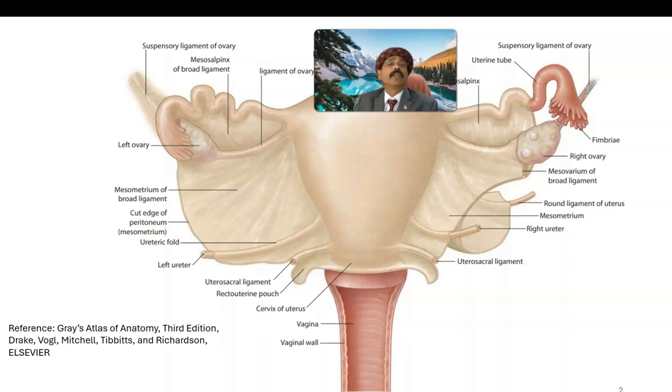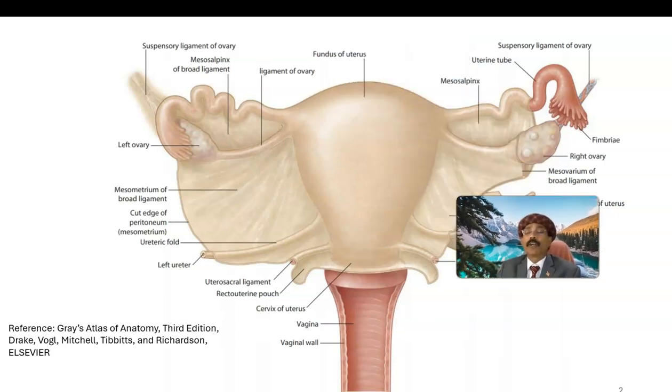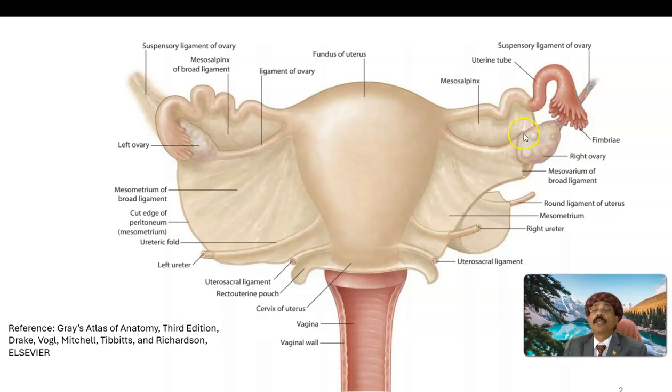So if you look at the structure of the female reproductive system, this is the ovary, almost the shape of an almond. This is that. Another one is that. And this is the uterus. This is the vagina, vaginal fornix here, cervix of the uterus, body of the uterus, the fundus of the uterus, fallopian tube, uterine tube, also called salpinx.